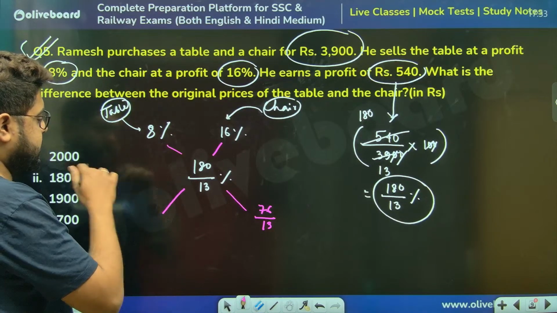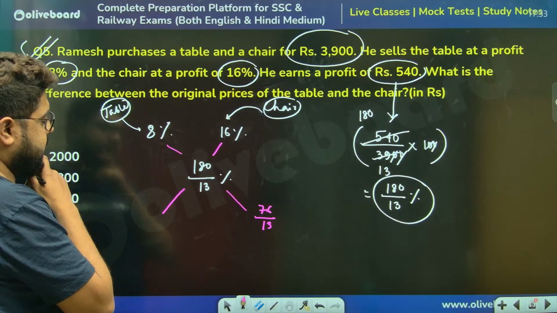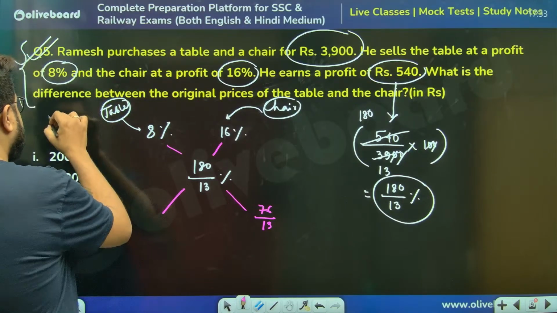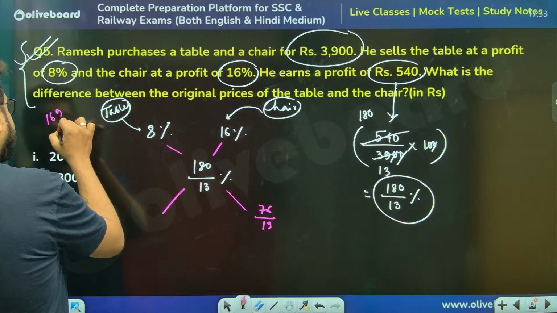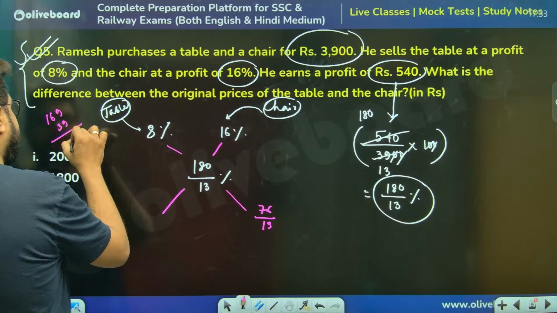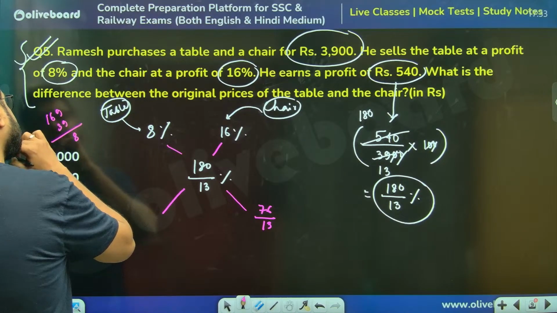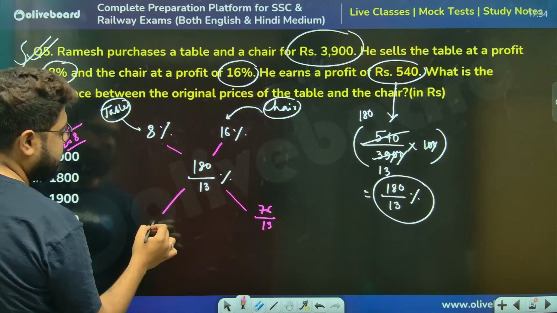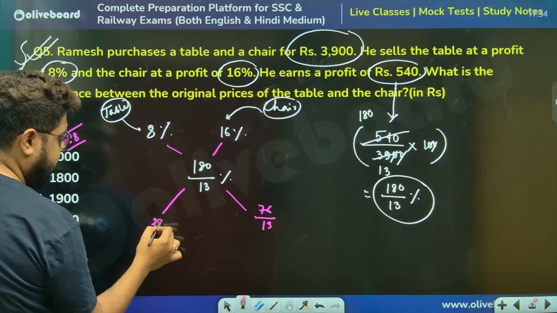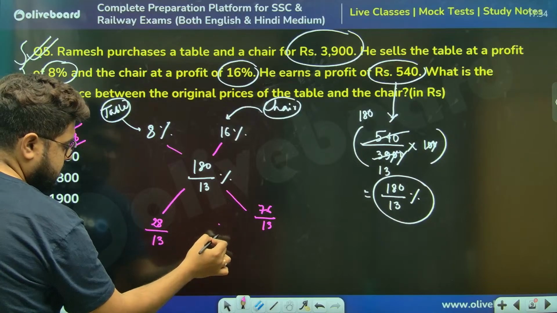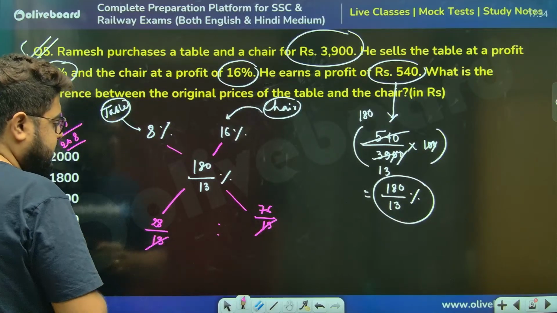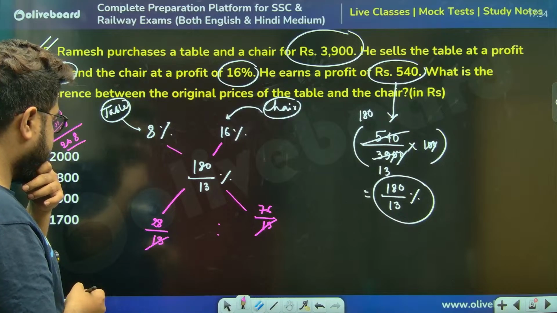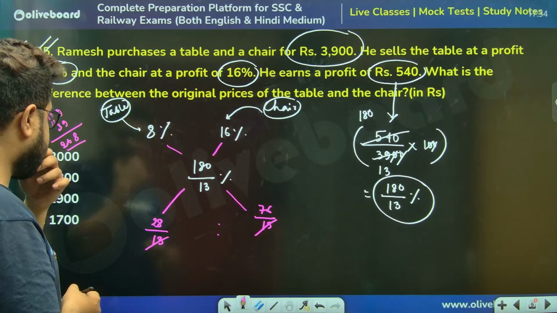And if I do this, this is 16 into 13, which is 208. That means it is coming out to be 28 by 13, sir. 13 cancels. I've not made any mistake, na? I've not made any mistake.